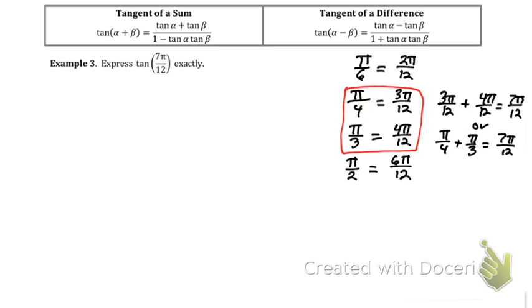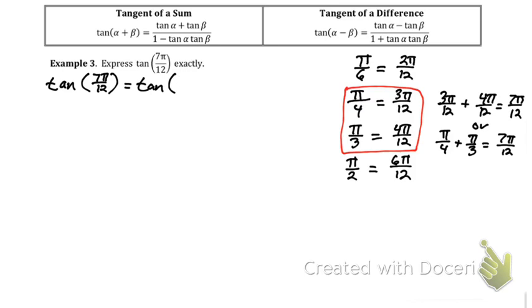We are now going to rewrite that 7 pi over 12. So in this next step, tangent of 7 pi over 12 can be rewritten as tangent of 4 pi over 12 plus... let's go back. Go back in time.